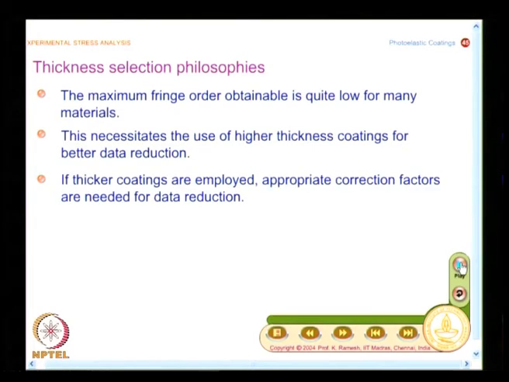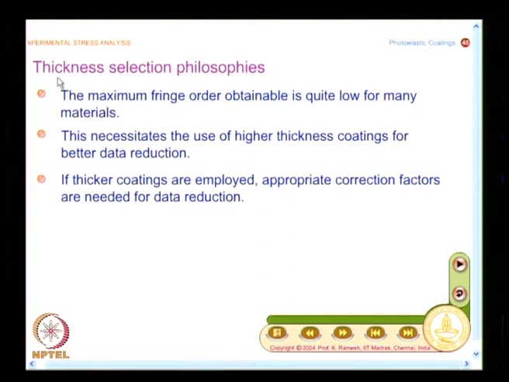We have seen that the maximum fringe order obtainable is quite low for many materials. This necessitates the use of higher thickness coatings for better data reduction. And what happens if thicker coatings are employed, appropriate correction factors are needed for data reduction.